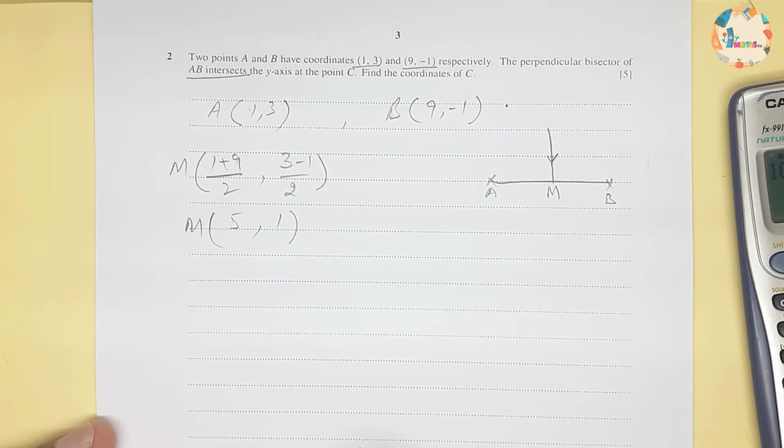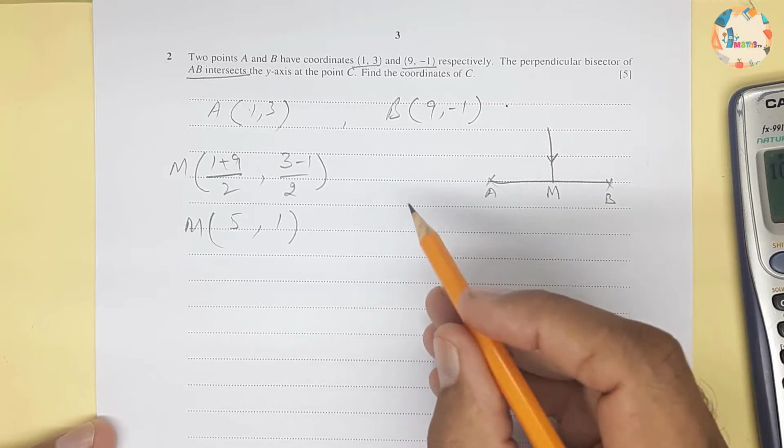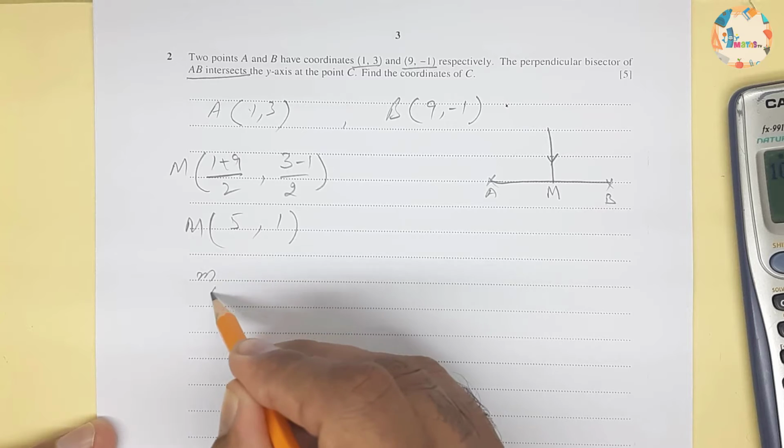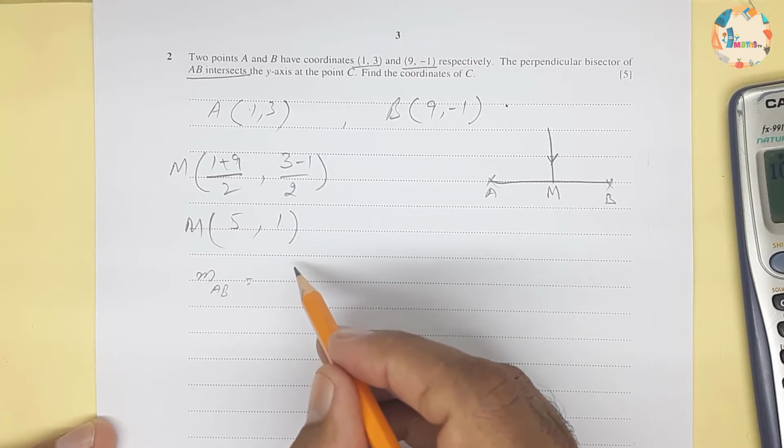Now the gradient of this line AB we can find because we have these 2 points. So the gradient of AB will be equal to y2 minus y1 over x2 minus x1.